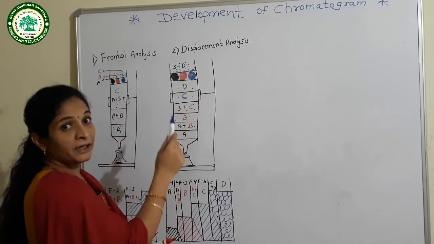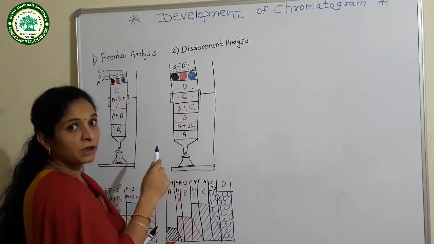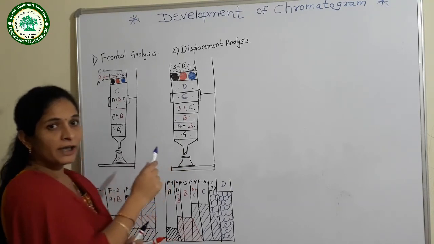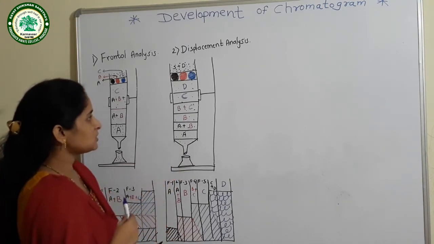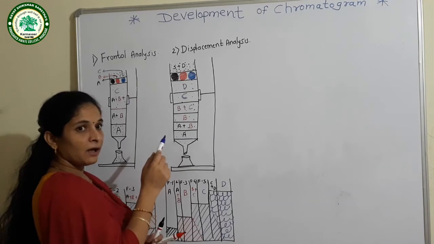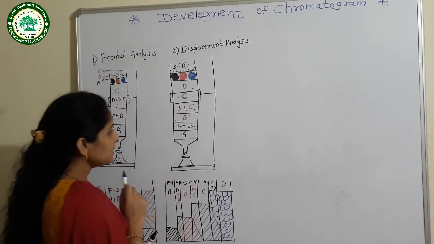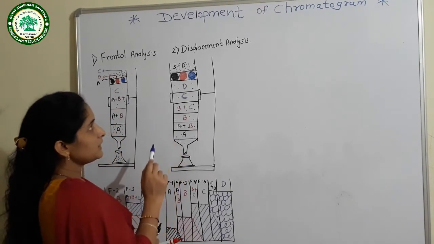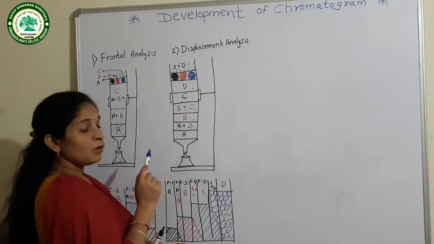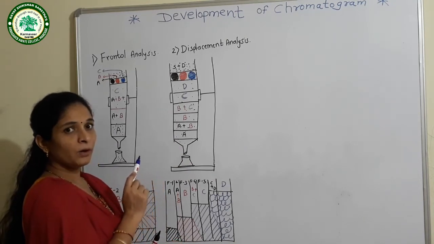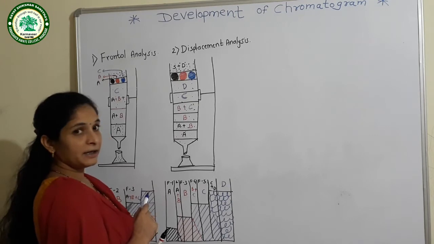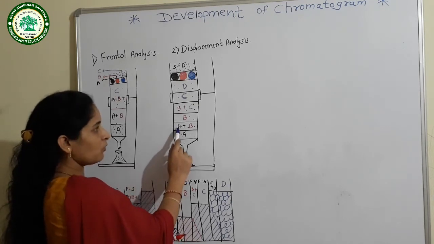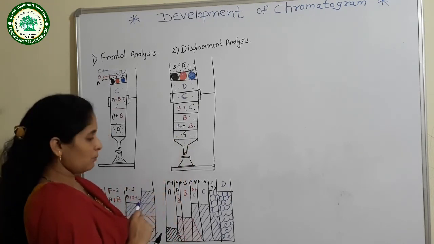The displacing agent takes the place of those components which are strongly adsorbed over the stationary phase, so that these components can be separated. Now in displacement analysis, we are not getting the pure components. We are getting the pure component along with the mixture of two components.